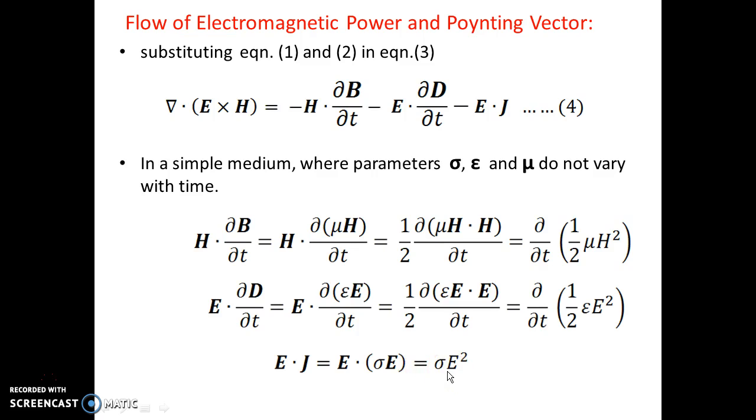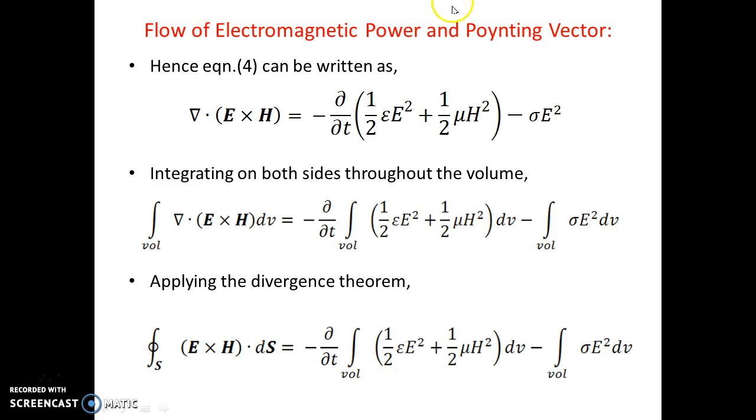Let us see further. Equation 4 can be written like this: divergence of E cross H bar is equal to a combination of two terms taken together, and then the term negative sigma E square. If we integrate this equation on both sides throughout the volume, the left hand side becomes the volume integration of divergence of E cross H dV.